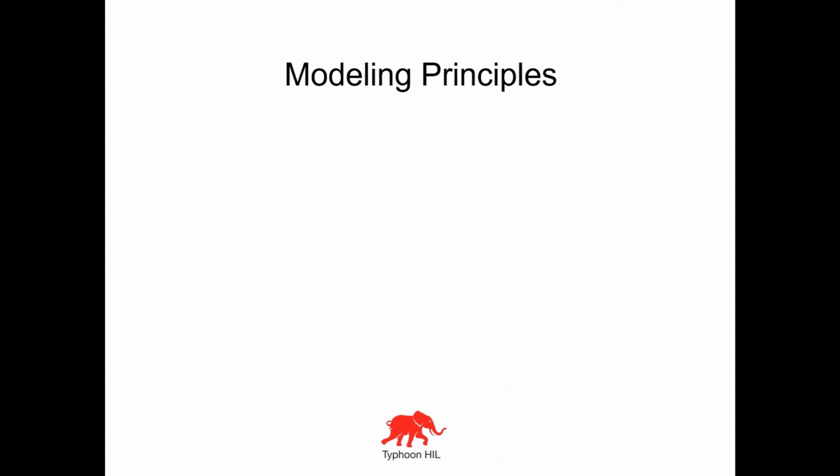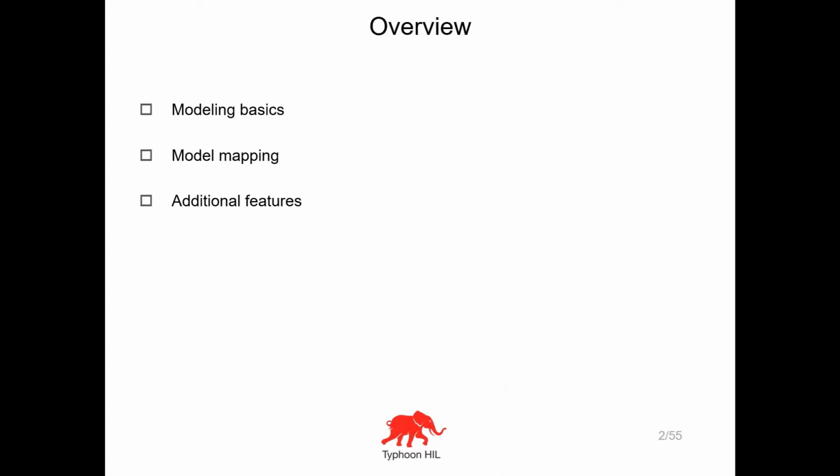This presentation is going to cover the basics of the modeling. We're going to talk about the areas in which Typhoon Hill simulators are used. We're going to talk about some constraints of real-time simulations. Then we're going to talk about basic components in our existing library.